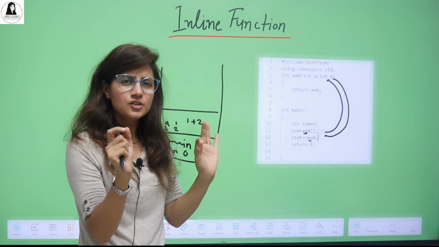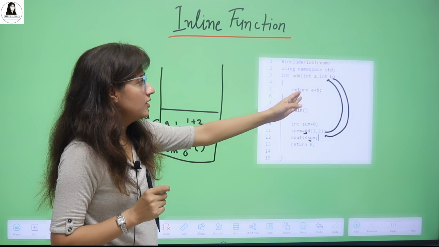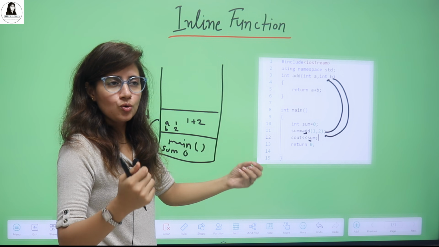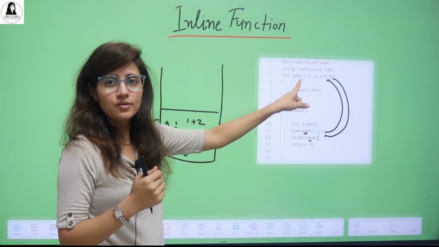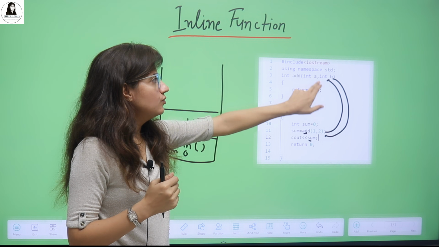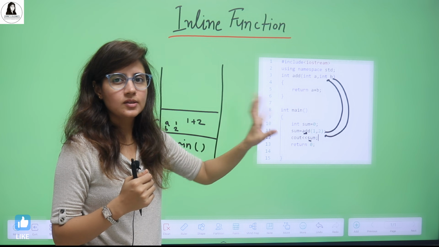If a function is very small, like this function, just addition with only one line, return a plus b. Or sometimes we have just a display function rather than add, where I'm just displaying with cout the values of a and b, whatever you pass, 1 and 2, rather than adding.